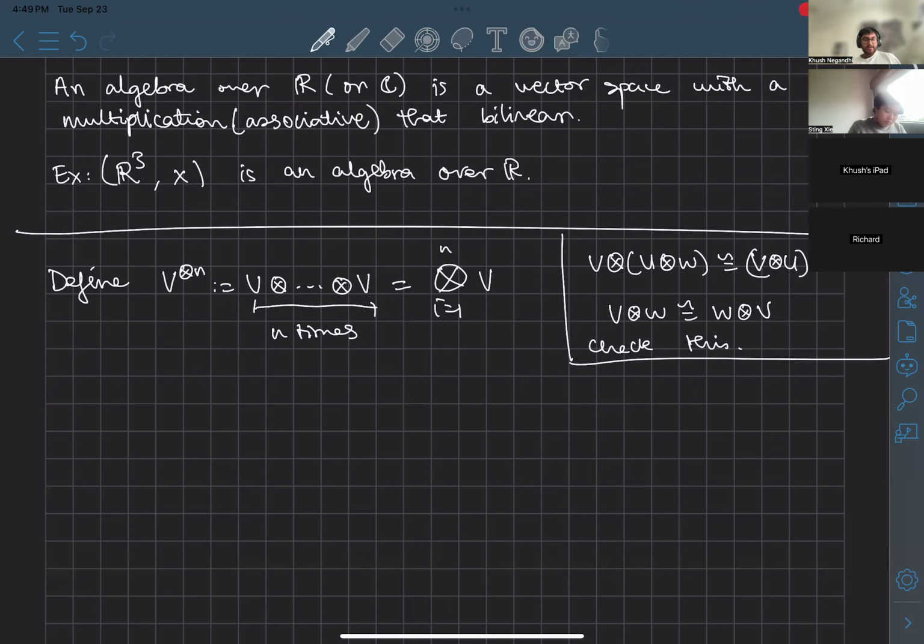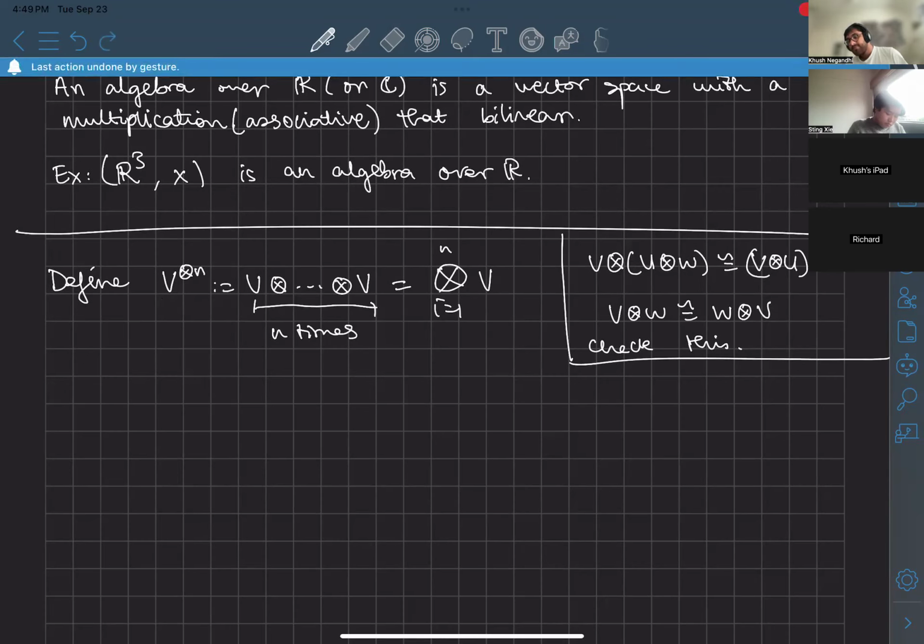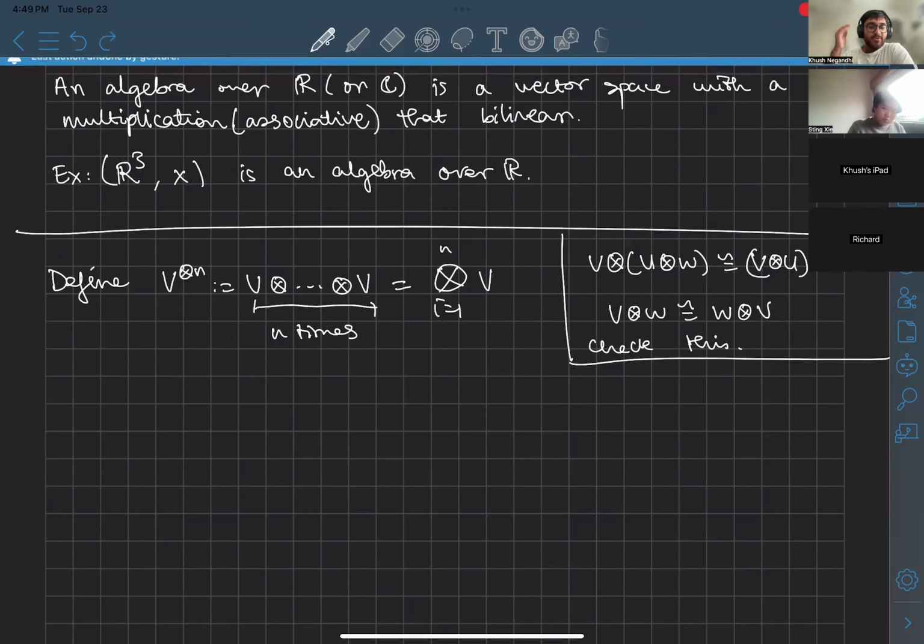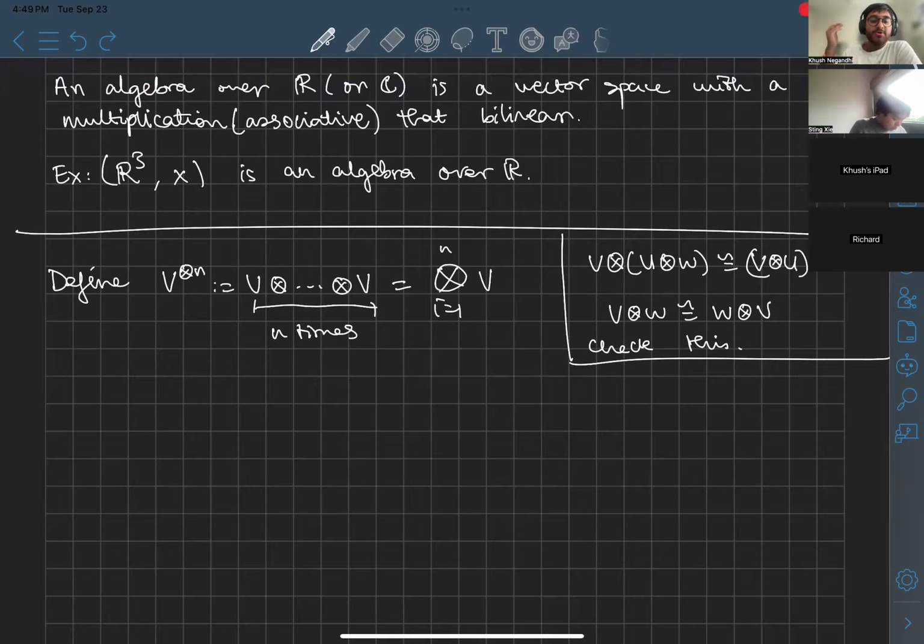Okay. So we define this tensor product. The way we want to think of this tensor product is that these sort of give you the homogeneous polynomials in n variables. Well, a lot more variables than n variables, but these behave like homogeneous polynomials.